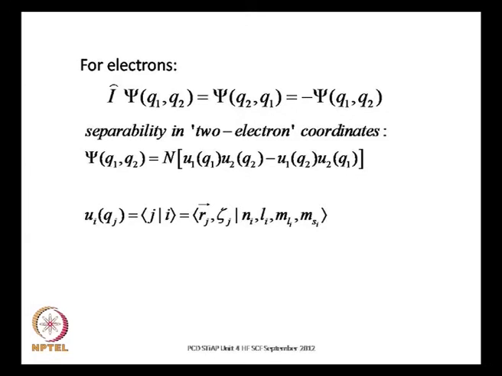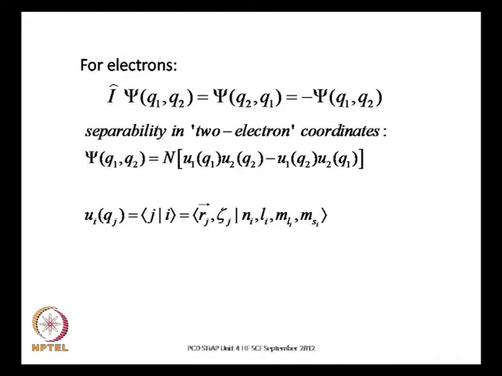Now, if you look at the de Broglie-Schrodinger notation, the u_i(q_j), notice that the subscript i represents the set of 4 quantum numbers, and the argument of the wave function, which is q_j, represents the set of 4 degrees of freedom, the 3 space variables and 1 spin variable.